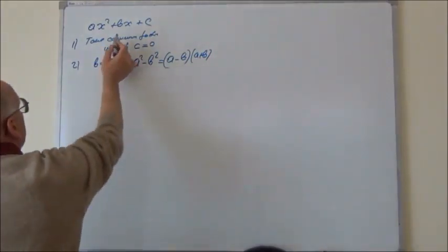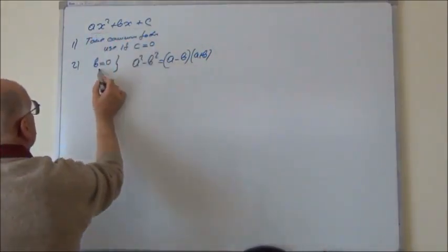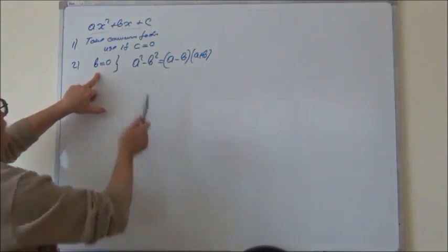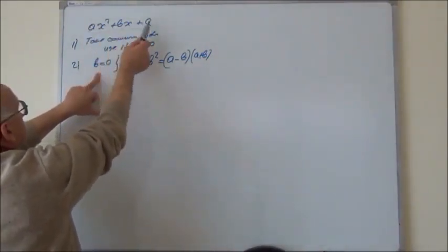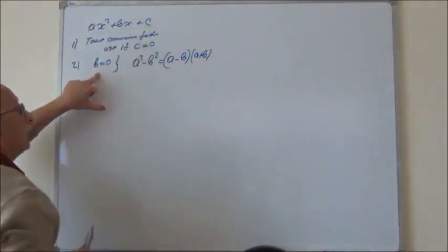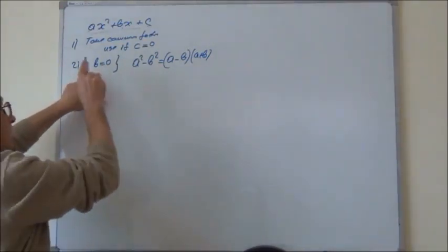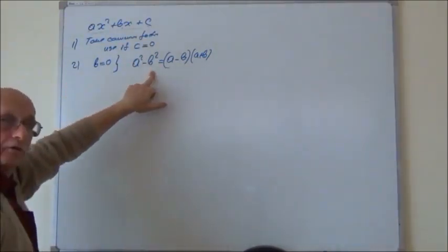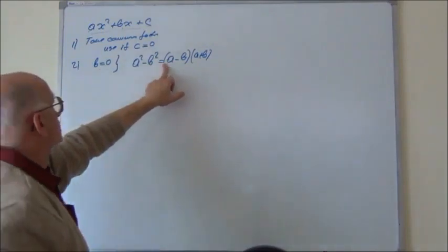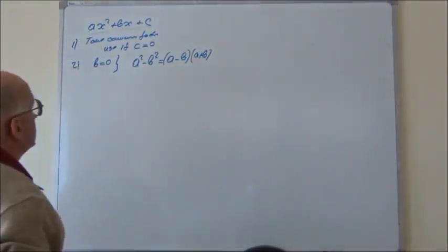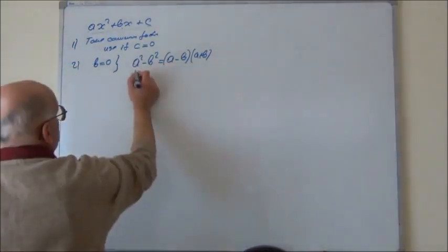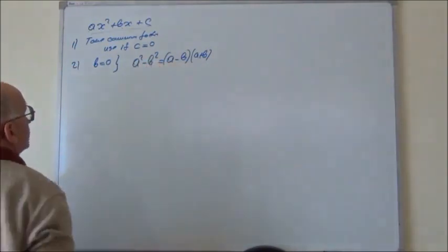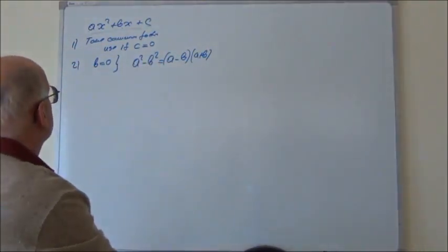So whenever in our expression b equals 0, but those two numbers are one positive, one negative, to factorize that expression, we have to follow this formula that is easy to memorize. Difference of two perfect squares: one square, another square, and minus its difference.